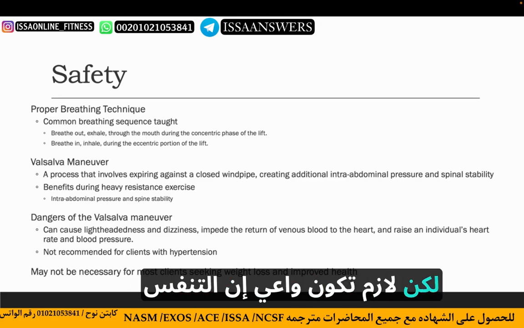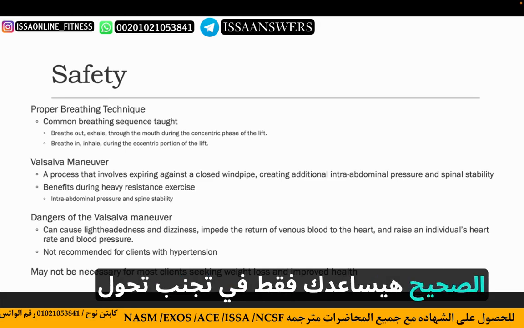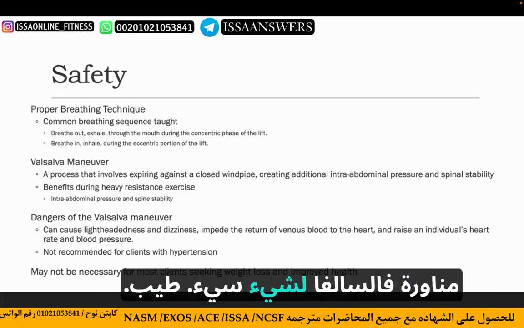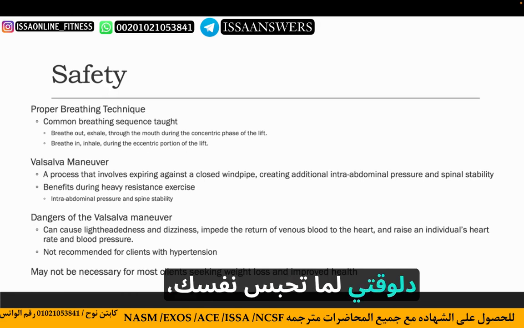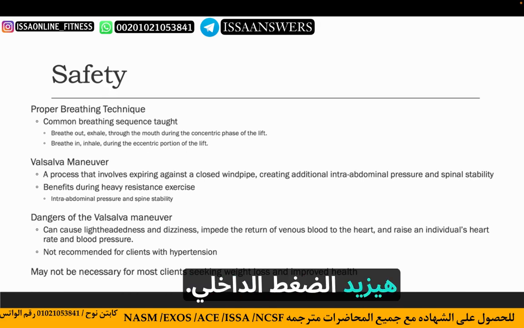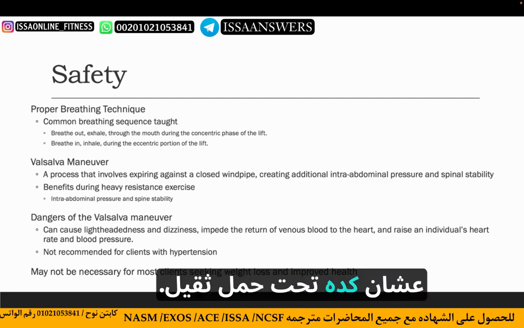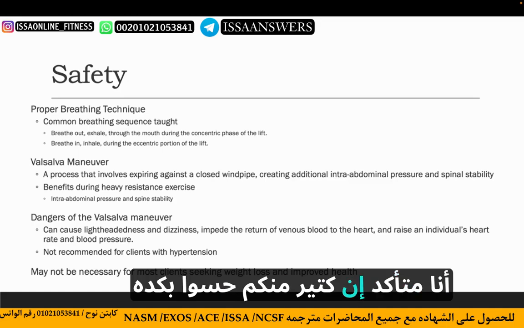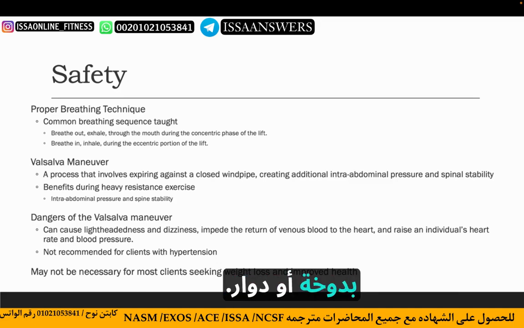That helps, but you have to be aware that proper breathing will only help you to avoid having the Valsalva maneuver turn bad. When you hold your breath, it is going to increase internal pressure. Therefore, when you let your breath out, it's really important. Under a heavy load, I'm sure a lot of you have felt this before, where you start getting lightheaded or dizzy.